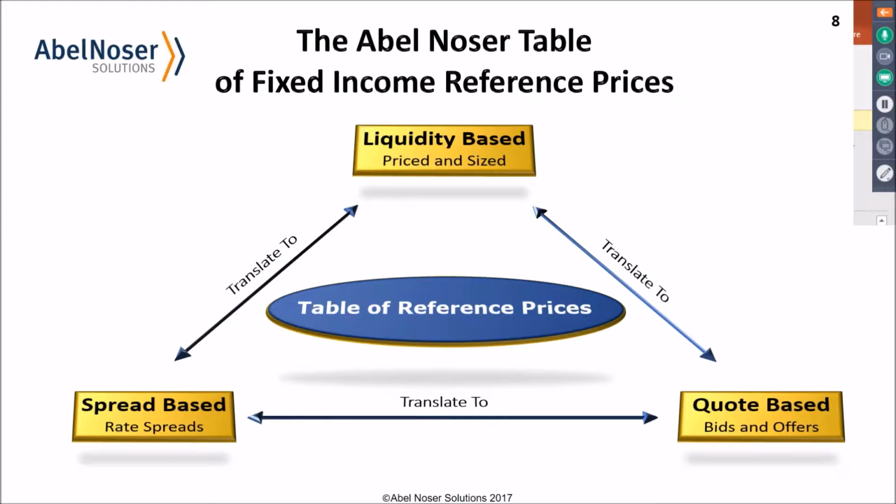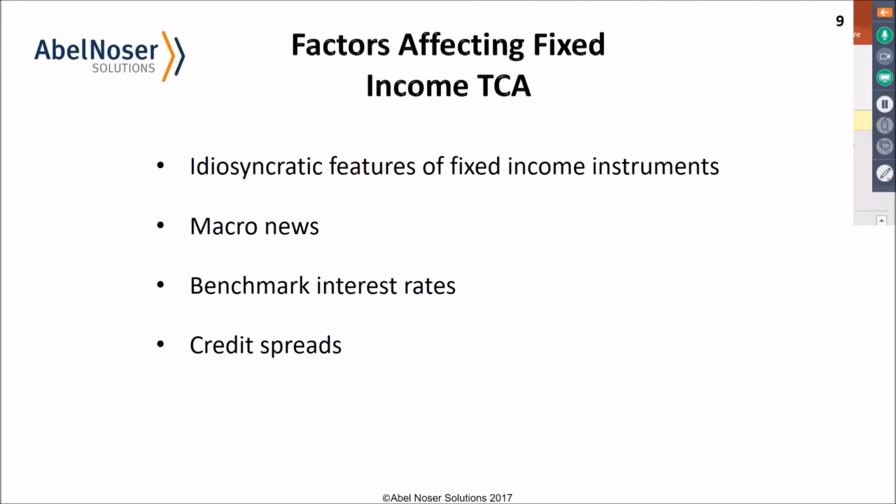The ideal outcome here is for fixed income TCA tools to be able to move seamlessly between discussions about trade prices and talking about interest rates or spreads, depending on whether we're discussing governments, agencies, corporates, munis, mortgages, or even asset-backed securities. We recognize that each of these markets has its own idiosyncrasies and that our reporting must reflect that. So factors such as macro news, benchmark interest rates, credit spreads, and other fixed income specific features need to be calculated in too.